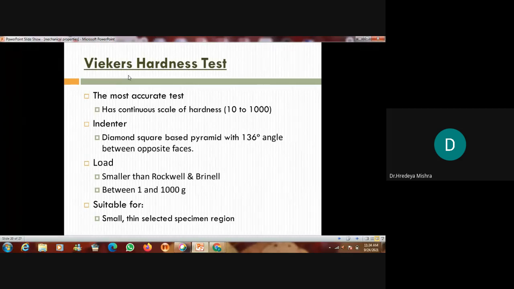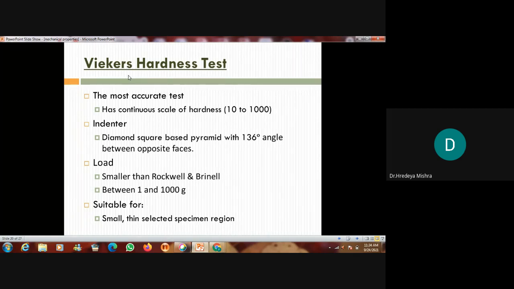Now, the Vickers hardness test. It is the most accurate test, with a continuous scale of hardness from 10 to 1000.